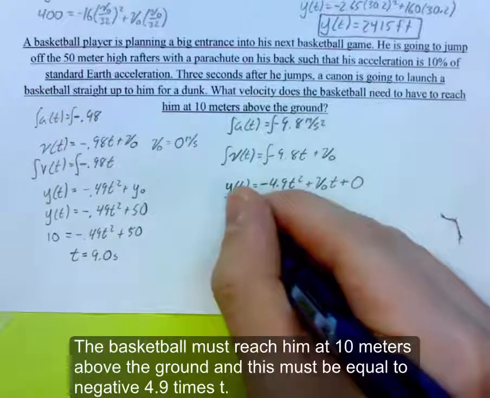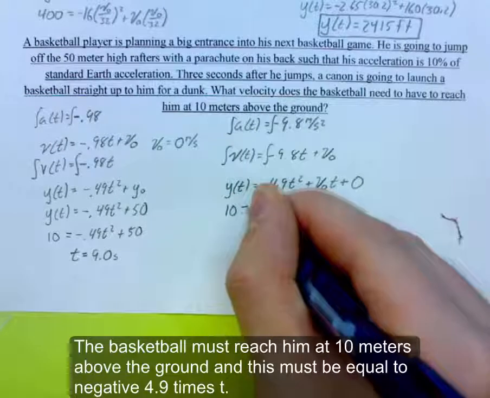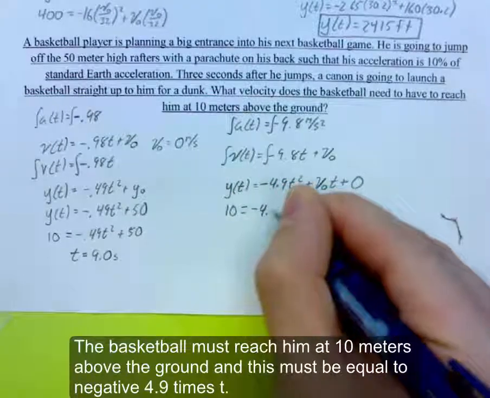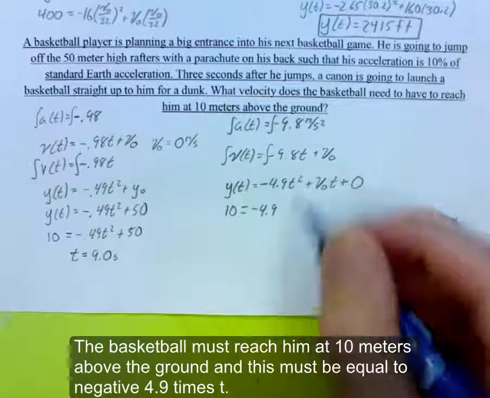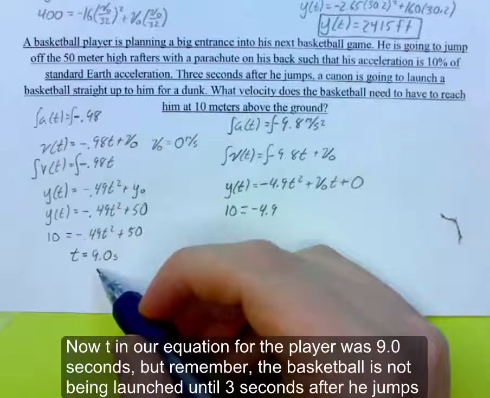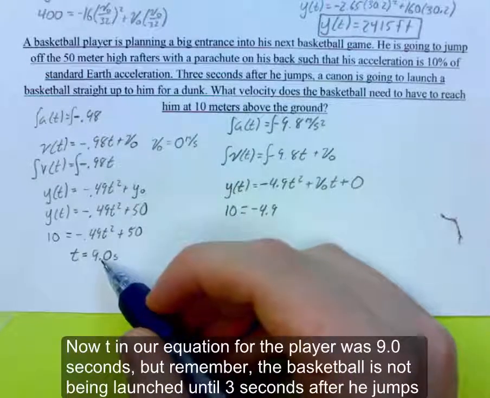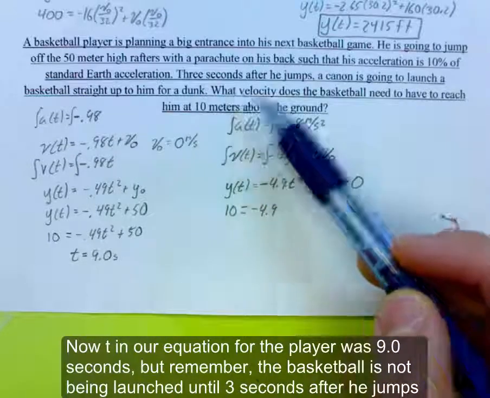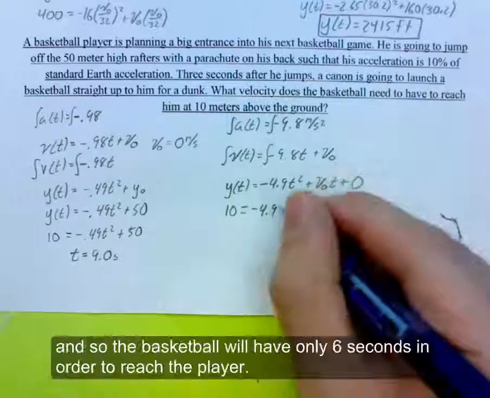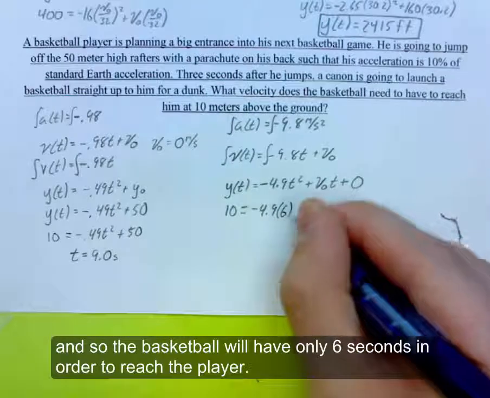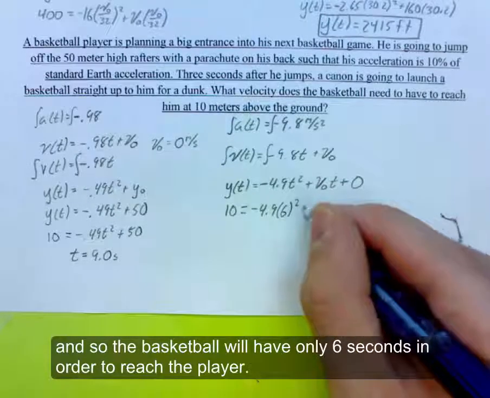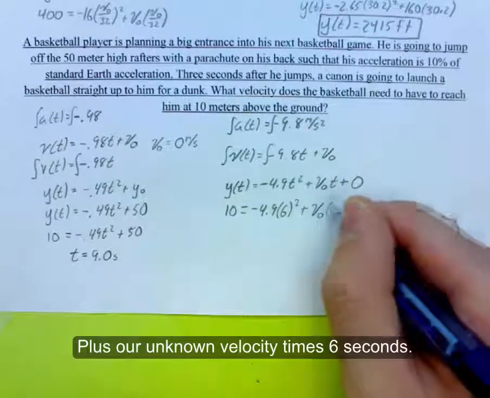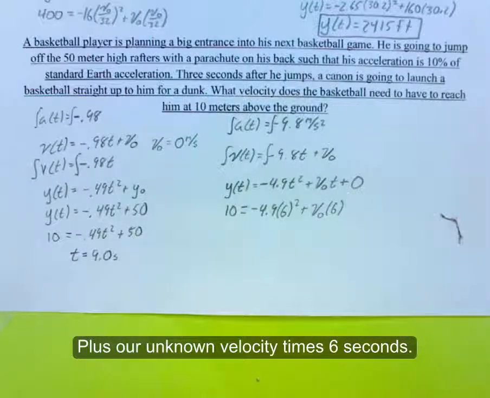The basketball must reach him at 10 meters above the ground, and this must be equal to negative 4.9 times t squared. Now t in our equation for the player was 9.0 seconds, but remember the basketball is not being launched until 3 seconds after he jumps, and so the basketball will have only 6 seconds in order to reach the player, plus our unknown velocity times 6 seconds.